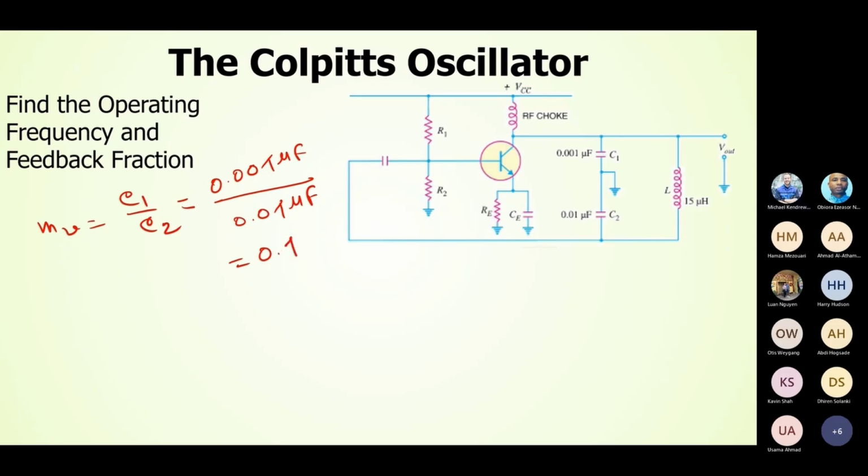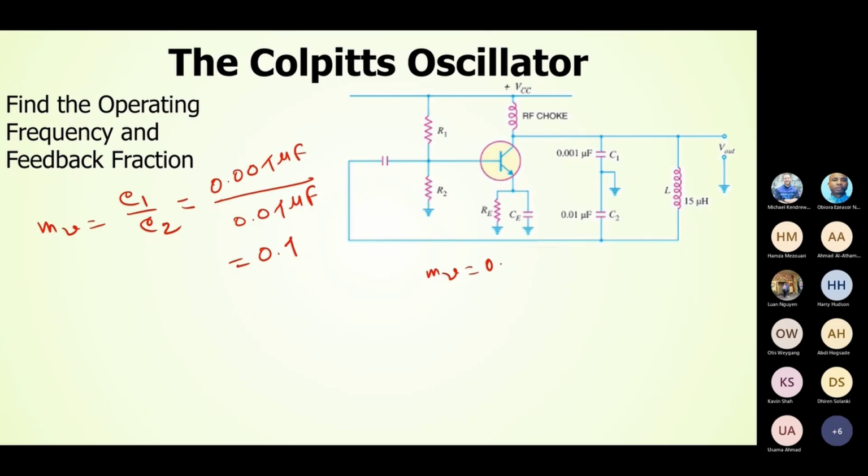Now let's say for some reason I don't have this kind of capacitor, but I have two capacitors, so that MV equals 0.25. Can you now calculate the operating frequency of this circuit? Any idea, anyone, how we can solve this?